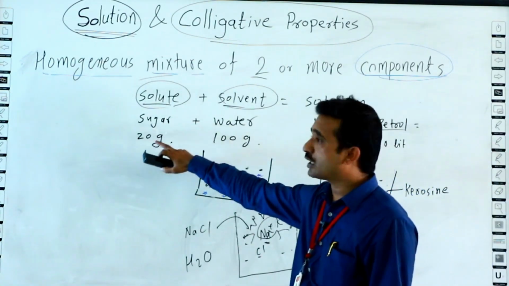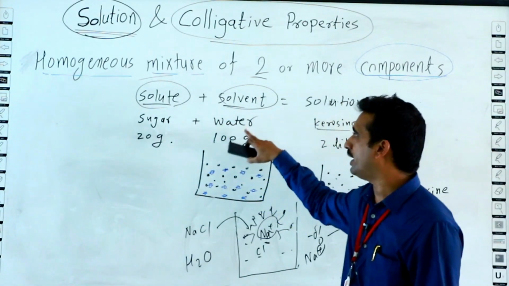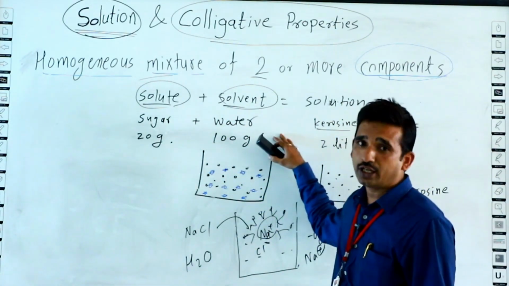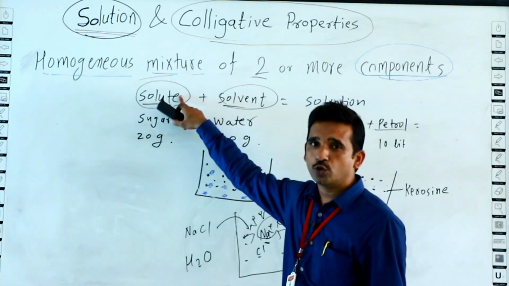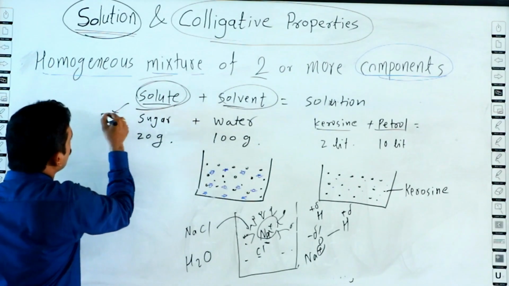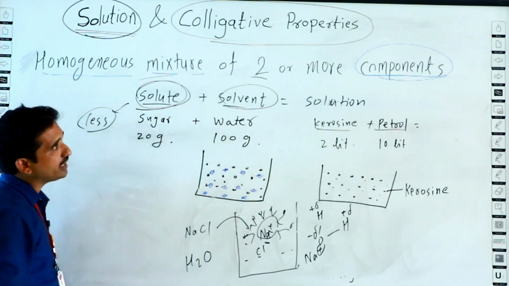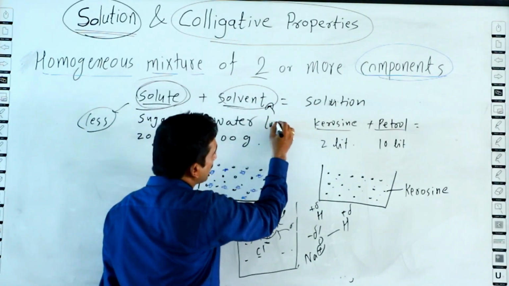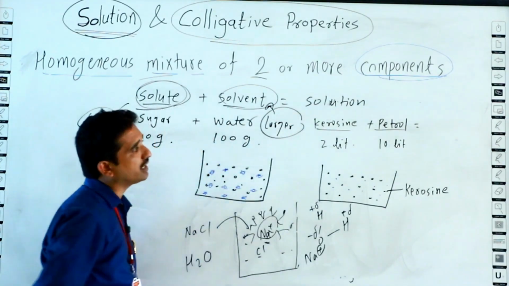The example is 20 gram of sugar dissolved in 100 gram of water. There is a formation of solution. 20 gram of solute is a less amount, so the less amount is the solute, while the larger amount is the solvent.